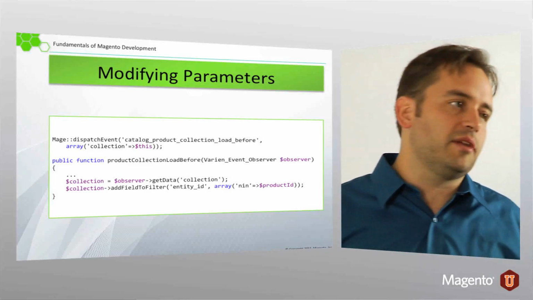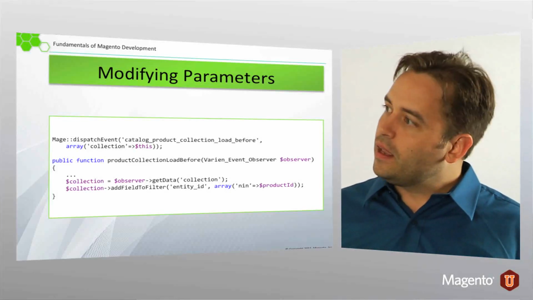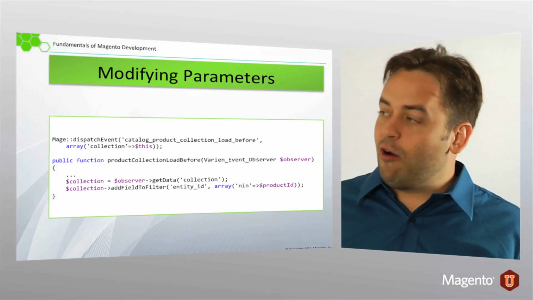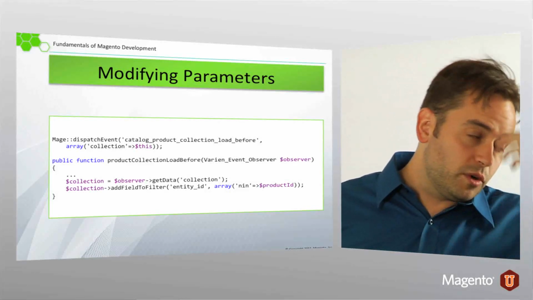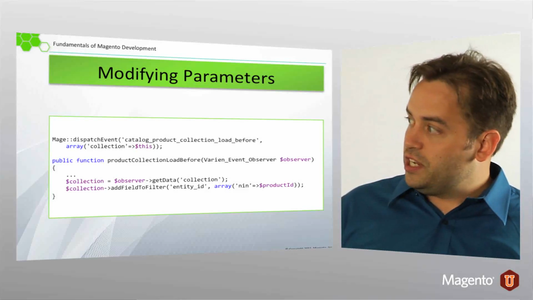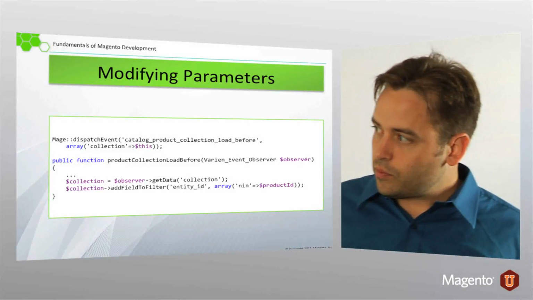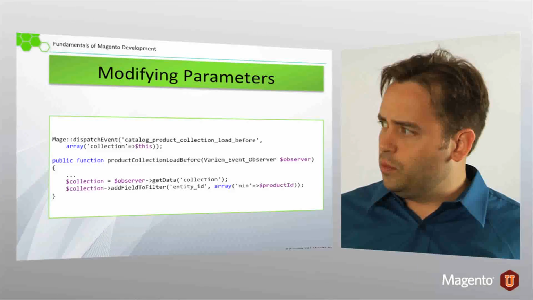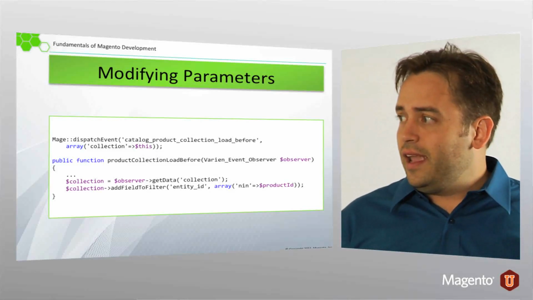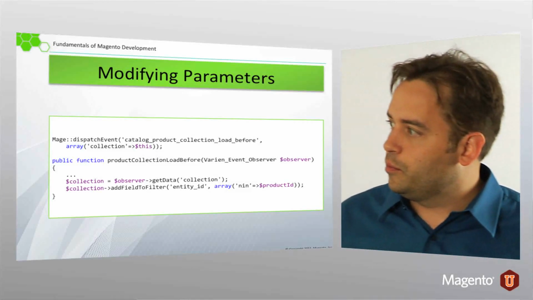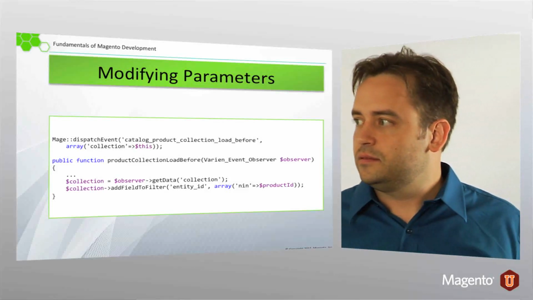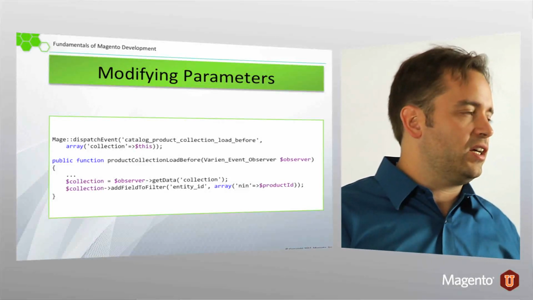This would probably be taking place in a collection object somewhere. Inside our method, which is fired, we receive the observer object. We get the data from our collection, and here we're actually adding an entity ID. So we're altering that collection somehow.